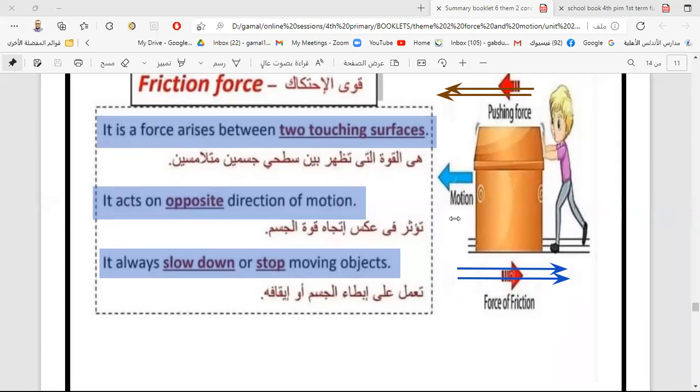Adam, what happened when you stop pedaling? When it slows down, why? By friction force. And is the friction force in the same direction of motion or in the opposite direction of motion? Excellent, my son. Thank you.